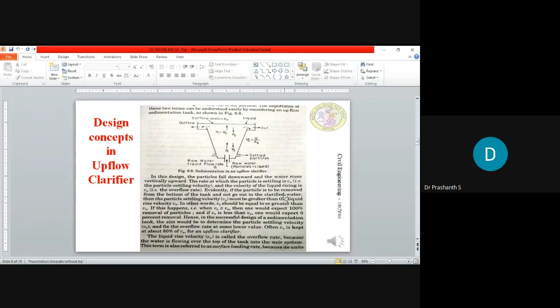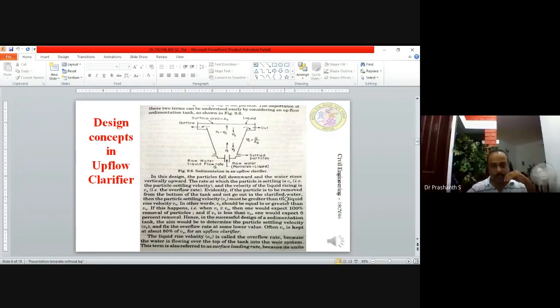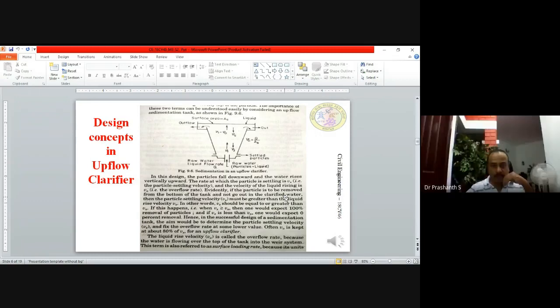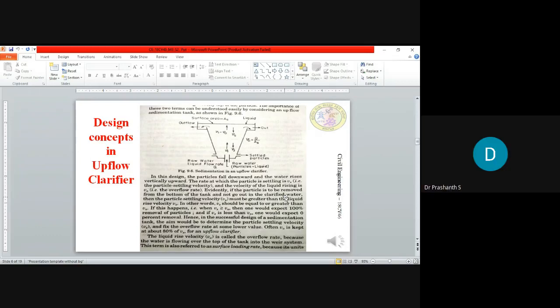So, if the particle is to be removed at the bottom of the tank and not to go out with the clarified water, then particle settling velocity Vs must be greater than V naught, that is the overflow rate. In other words, Vs should be equal to or greater than V naught. See here, V naught is the upflow velocity, nothing but the overflow rate.